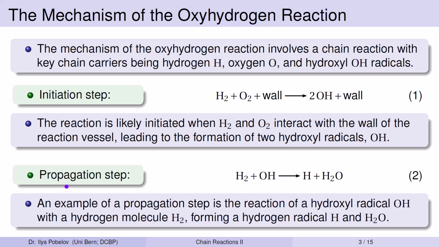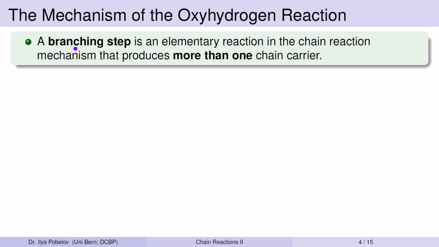An example of a propagation step is the reaction of a hydroxyl radical with a hydrogen molecule, forming a hydrogen radical and a water molecule. A branching step is an elementary reaction in the chain reaction mechanism that produces more than one chain carrier.